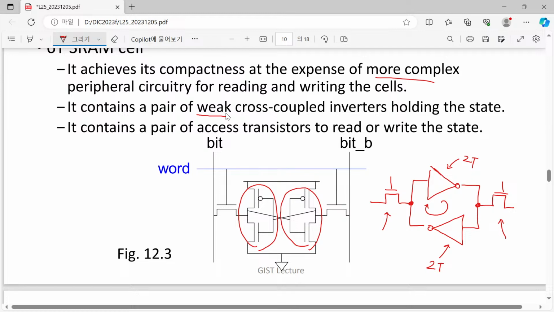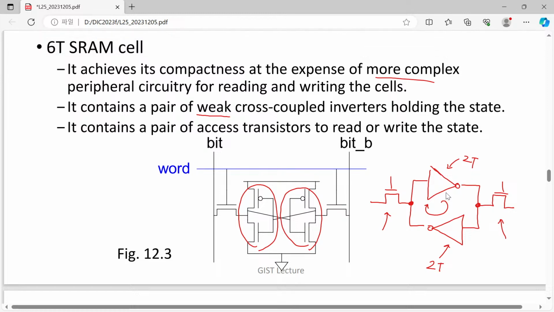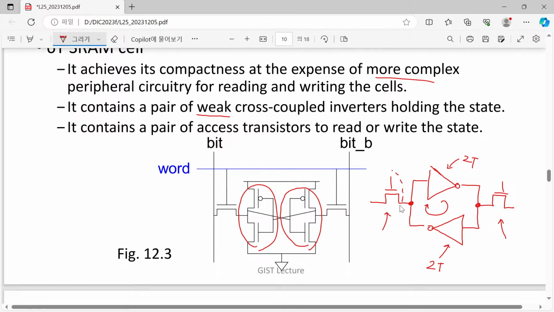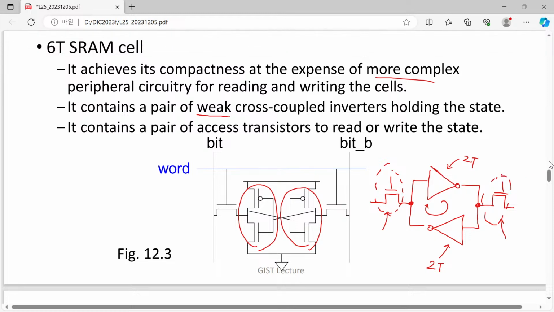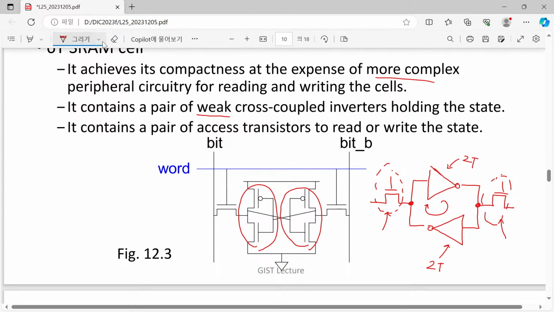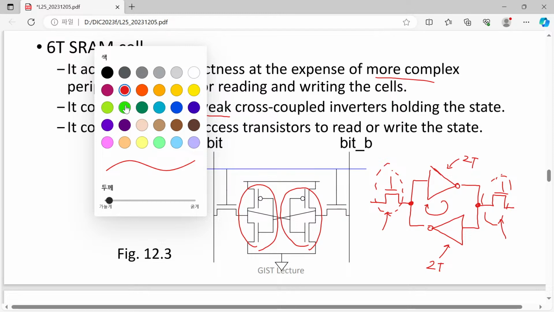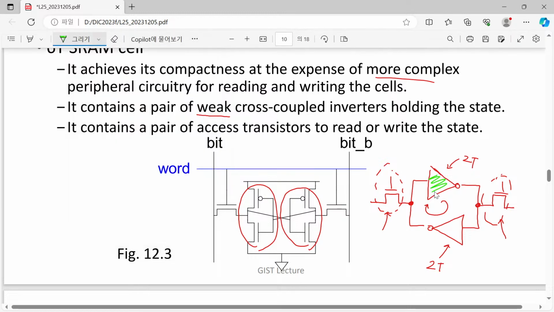Why do we say weak? Let's say they are so strong compared with these access transistors. Then what will happen? We have no ability to change it because these two are too strong. They are really complementary.